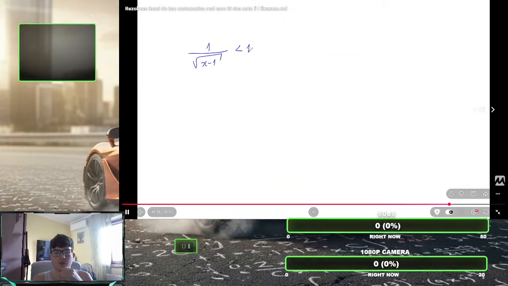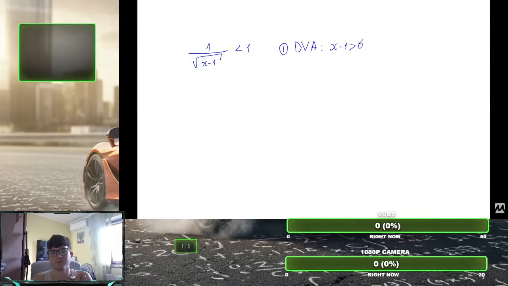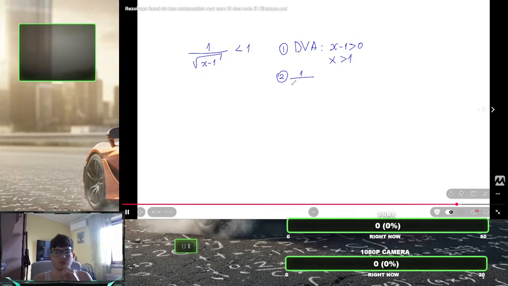Okay, now this is like another example right here. 0 like that, dVA, based on the fact that it's the square root on the denominator, I think it's called. I'm not really that sure. So x can be bigger than 1.